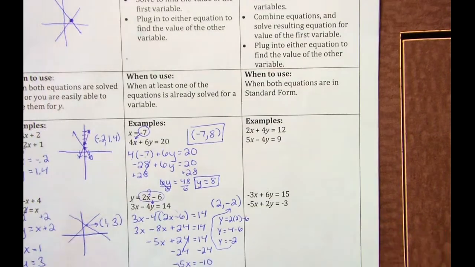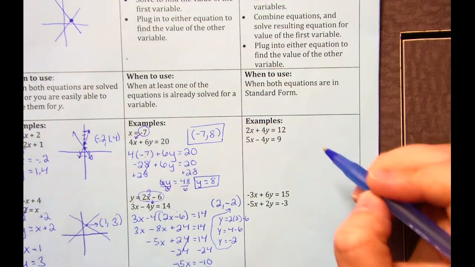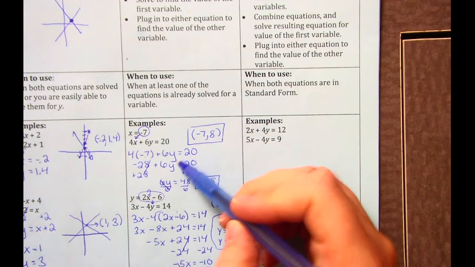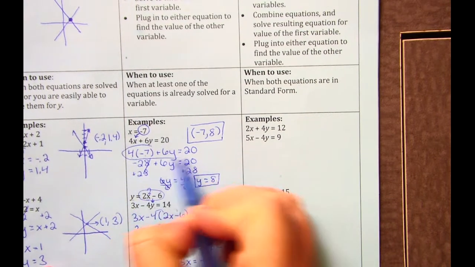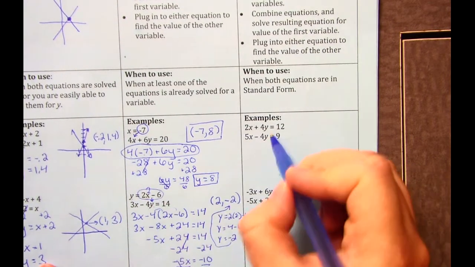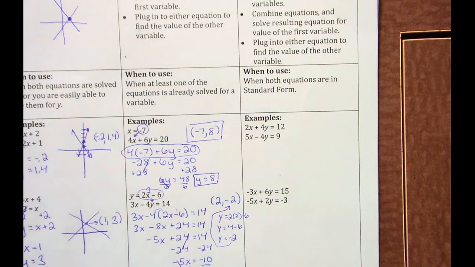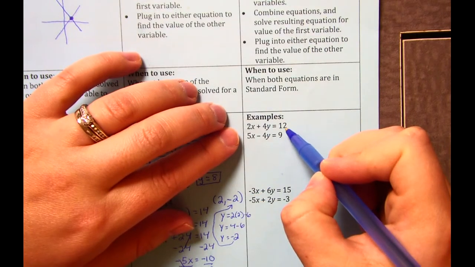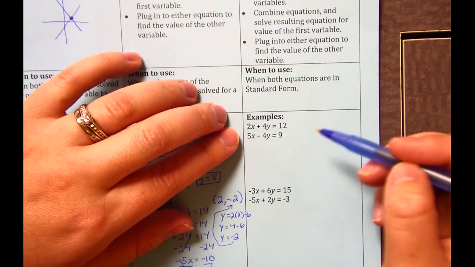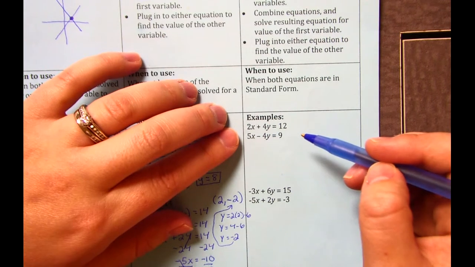Elimination is another strategy that we can use to find the value of one variable. Just like with substitution, we turned two equations into one equation. With elimination, we can do the same thing. Now, just like you can add and subtract numbers, you can also add and subtract equations.